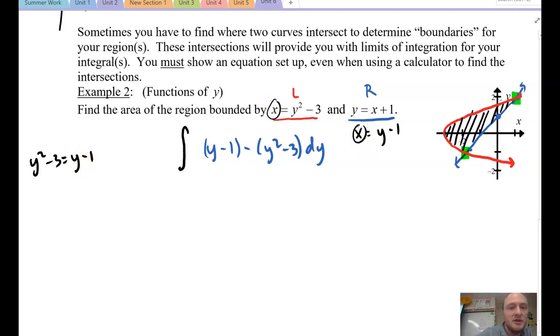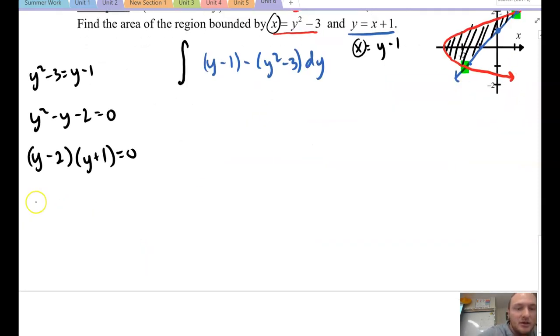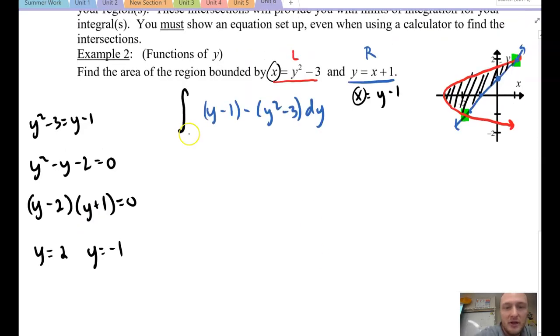And then we solve. y squared minus y minus 2 is equal to 0. Okay, this gives us y minus 2 times y plus 1 equals 0. And then we get our limits of integration: y is equal to positive 2, y is equal to negative 1. So we're integrating from negative 1 to positive 2.